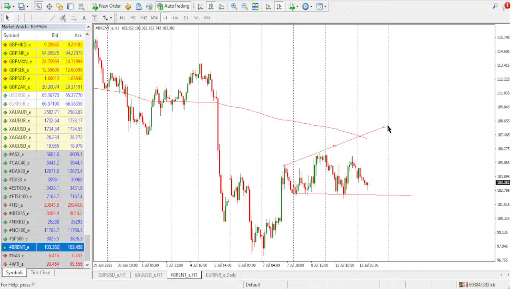So this looks to me like we have a very good expanding wedge formation. We had a resistance here, we had a resistance, then we had a support, and we have a support here. If the price can come down and touch this line here, then that is going to be a very good place to look for a buy from.